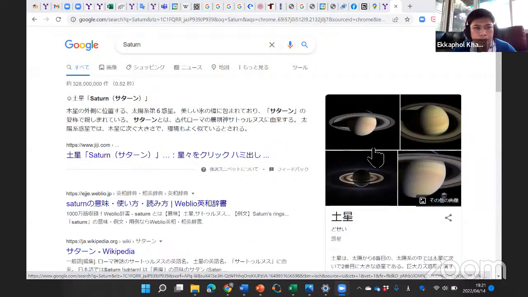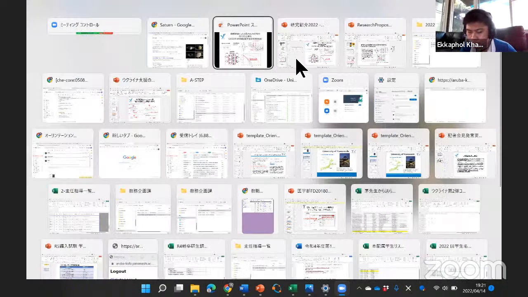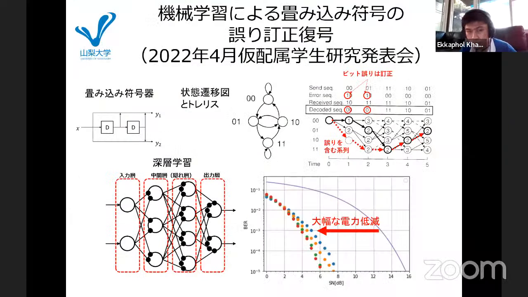Voyager used this convolutional coding because it's very strong. Anyway, you can see two delays here, then two delays here.